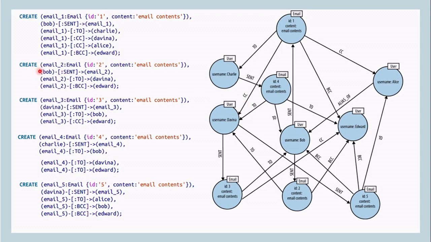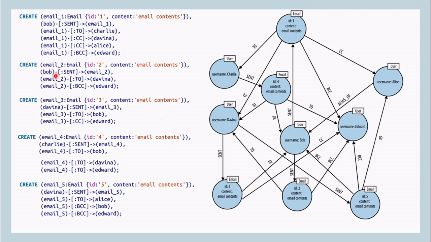Next, we create email2, whose label is Email, id is 2, and content is the email content. Here, this is the node that is being created, and since it is an email, it must be sent by some user, and only then will it be created.